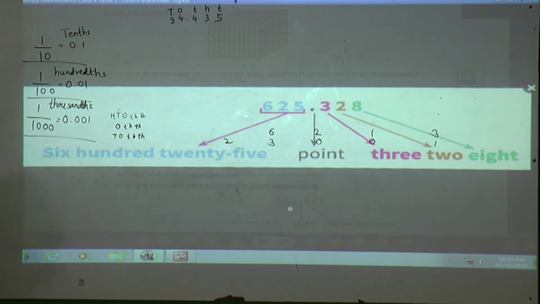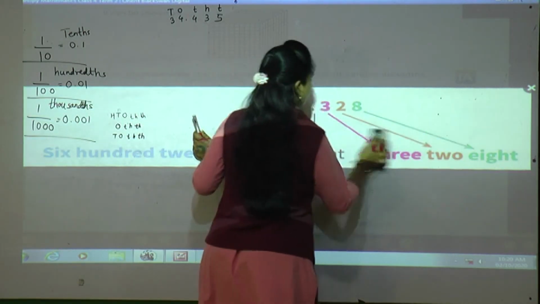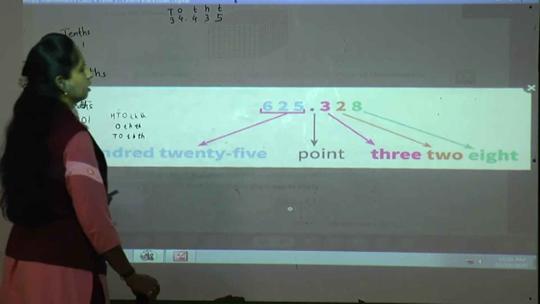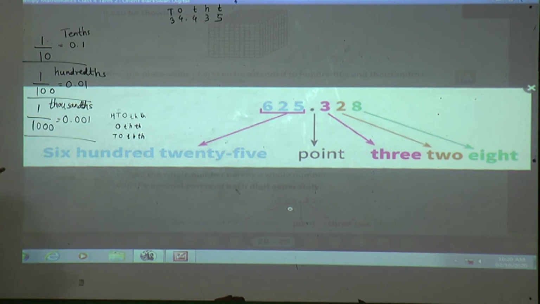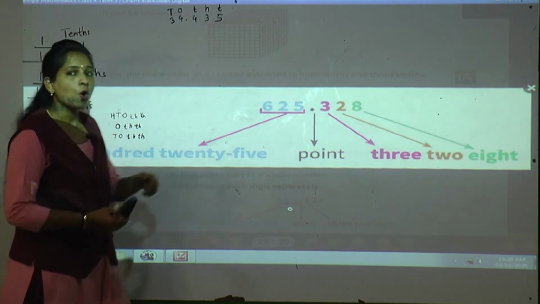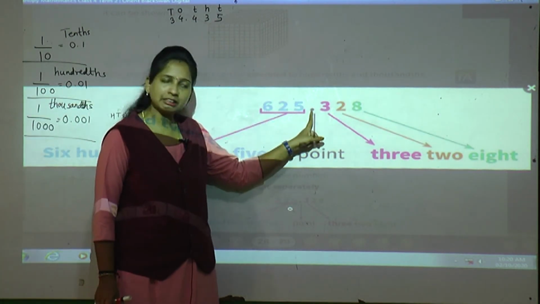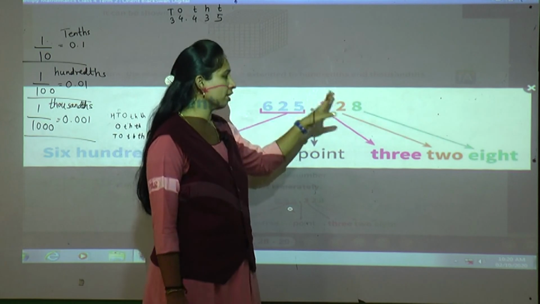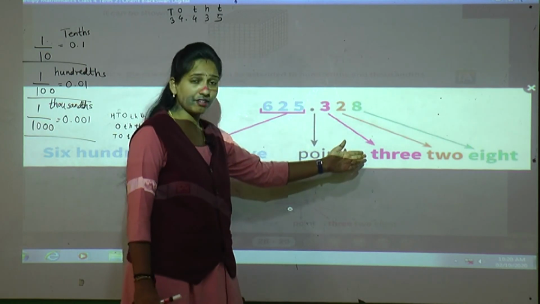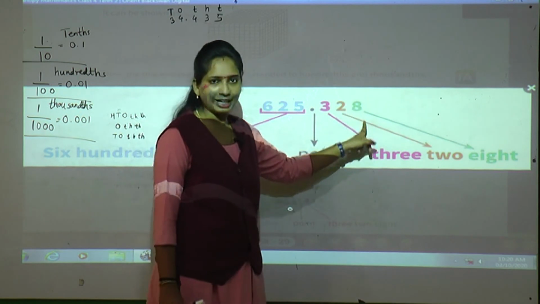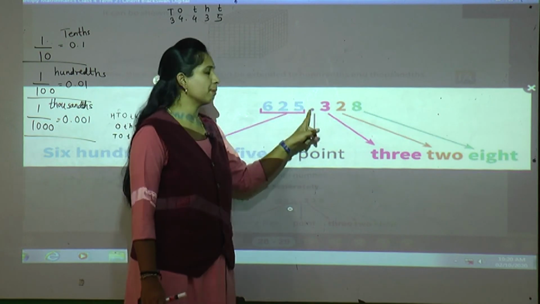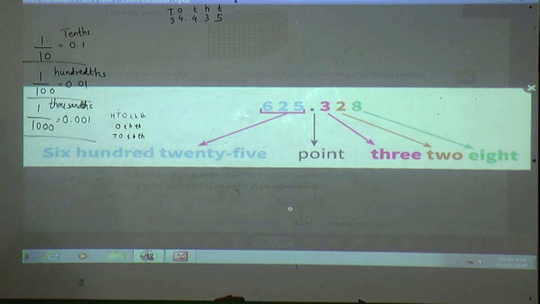Now can you see here? 328 we should not read like that. How do we have to read? 625 first, the whole number we read together, then the decimal point we read as point, and the digits after the point we read separately: three two eight.